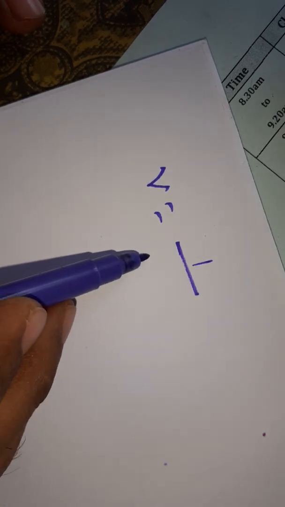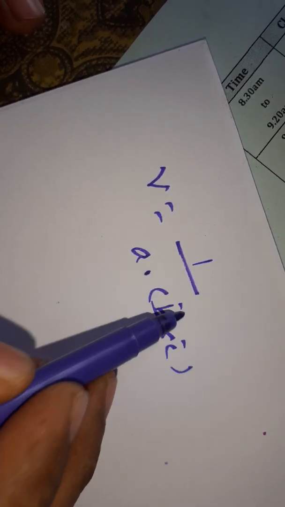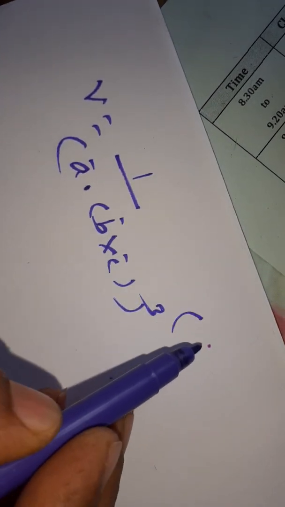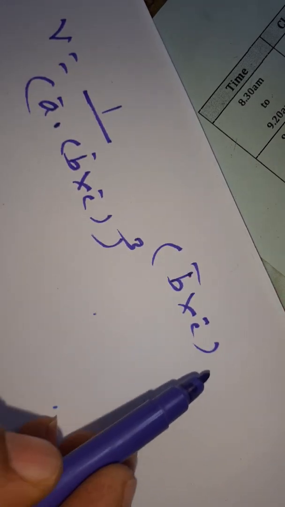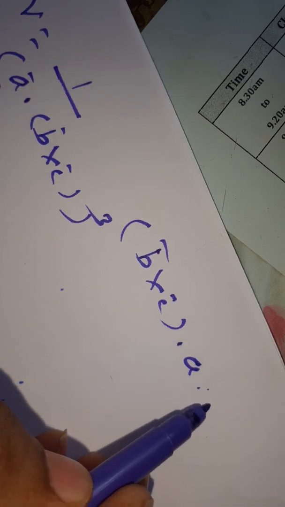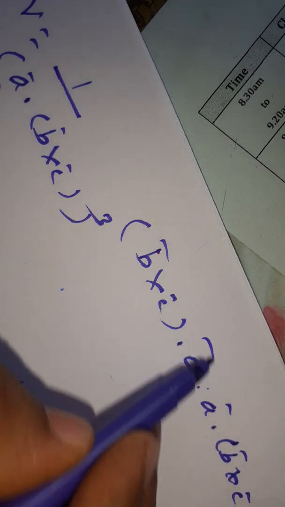So we got the volume of the reciprocal lattice equal to 1 upon A dot B cross C, whole cube, B bar cross C bar generating the same as earlier. So there is a remaining term which is given A bar dot B bar cross C bar.